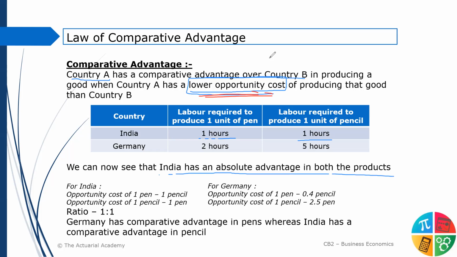Let's assume India uses all its resources to manufacture pens. It means it could have used those resources to produce pencils, but it decided to go with pens. So what's the cost foregone? A simple example: you decide to continue with your actuarial career, leaving out your CA career.